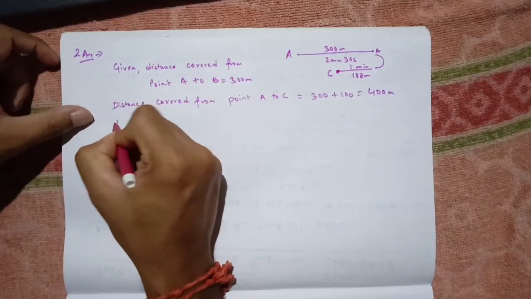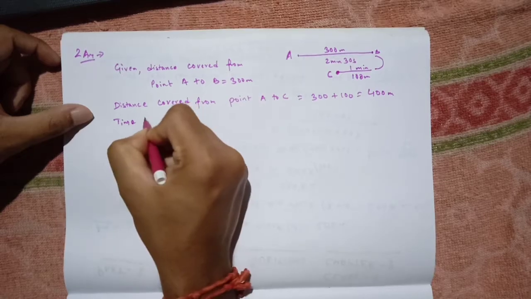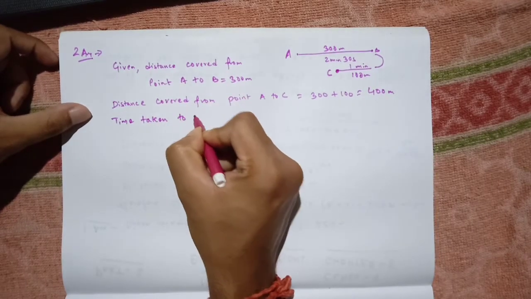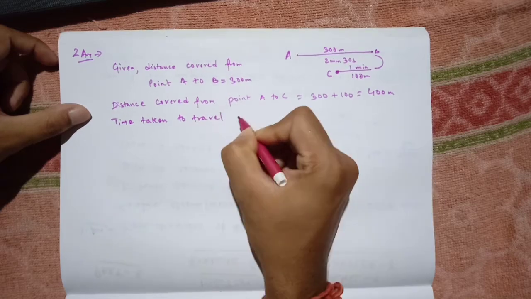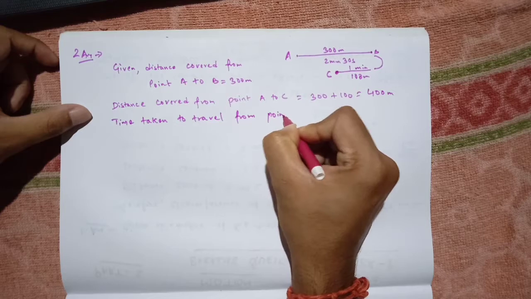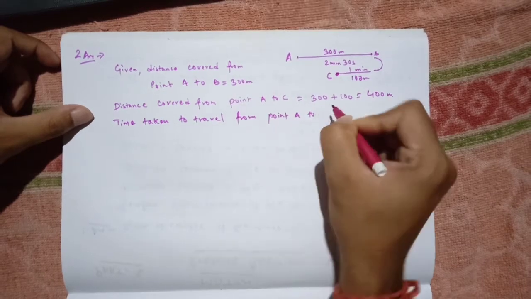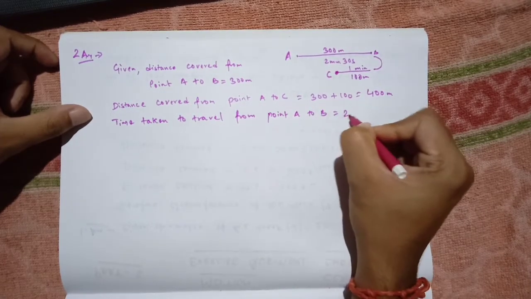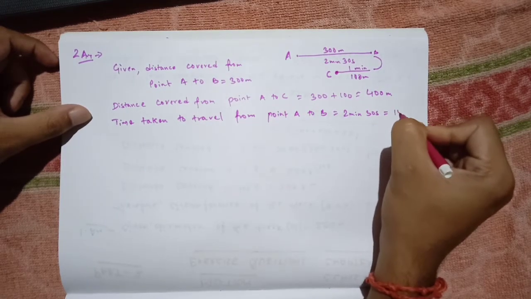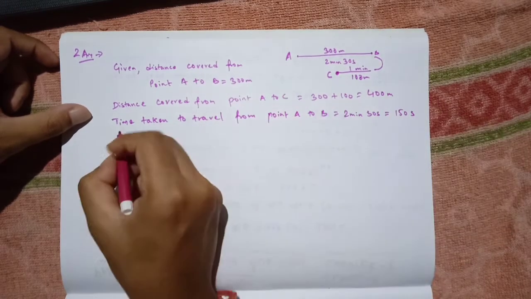Now the time taken to travel from point A to B is 2 minutes 30 seconds, which is equal to 150 seconds.